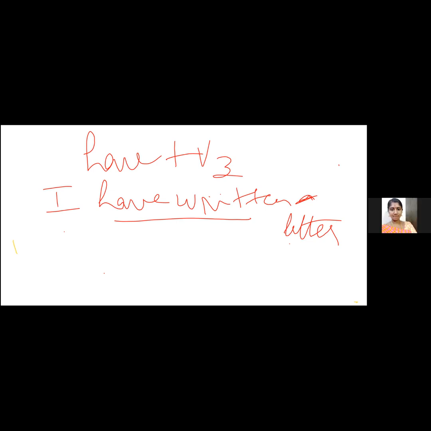Now the second person. Second person singular: you have written a letter. Plural form, the same: you have written. Now going back to the third person singular: he has written. Here again we have to follow the subject verb agreement rule.